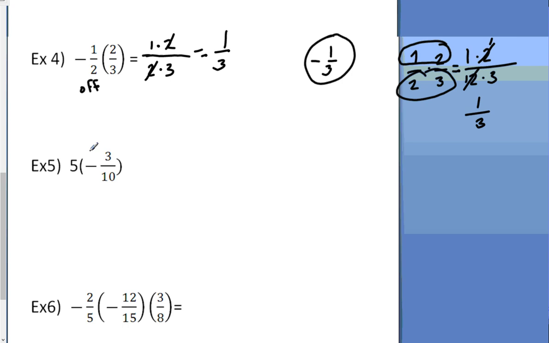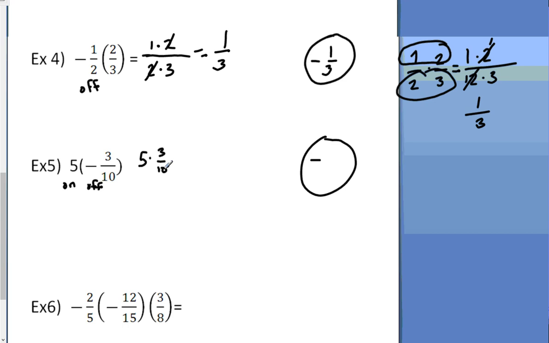All right, for example 5. First thing I do is figure out if the lights are on or off. First number, keep the lights on. The negative turns the lights off. So I know my answer is going to be negative. And then I just do the math. 5 times 3/10.